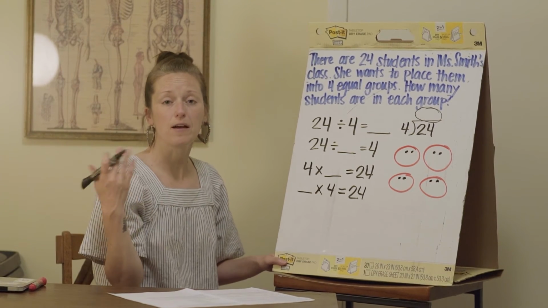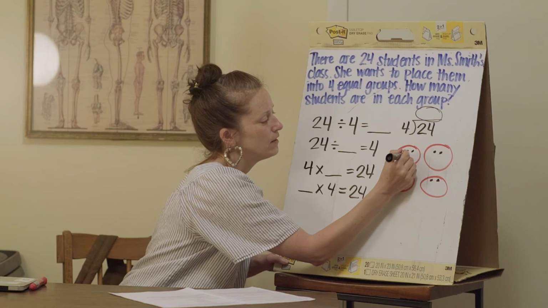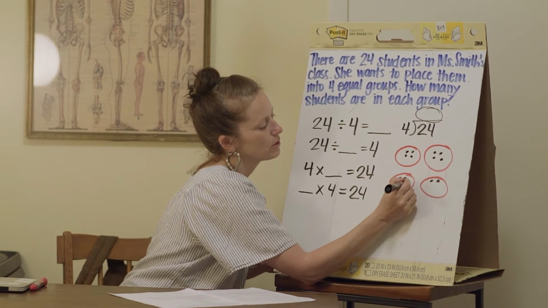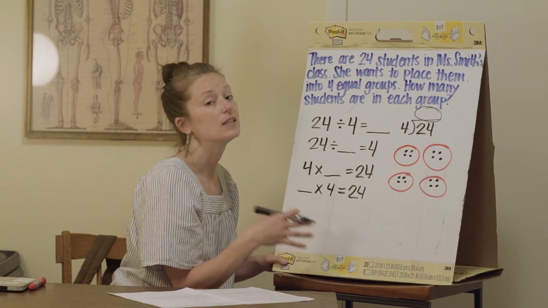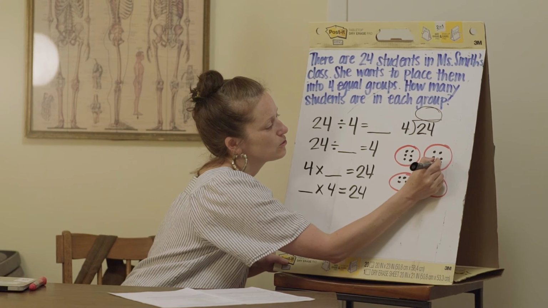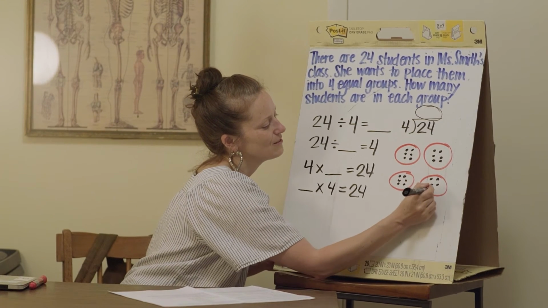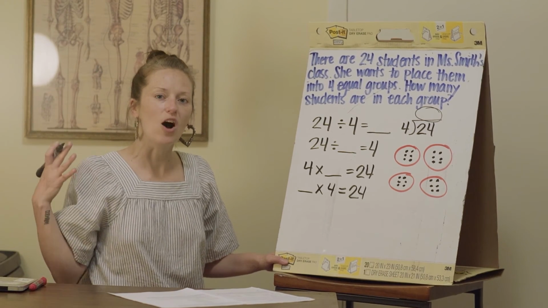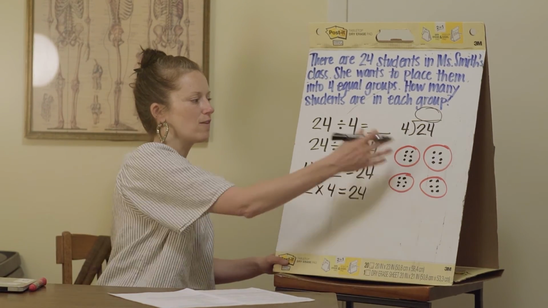Not to 24 yet. I'm going to keep going. Do it again. 9, 10, 11, 12, 13, 14, 15, 16. And keep going. 17, 18, 19, 20, 21, 22, 23, 24. All right. We've divvied up all 24 of our students into our 4 groups.